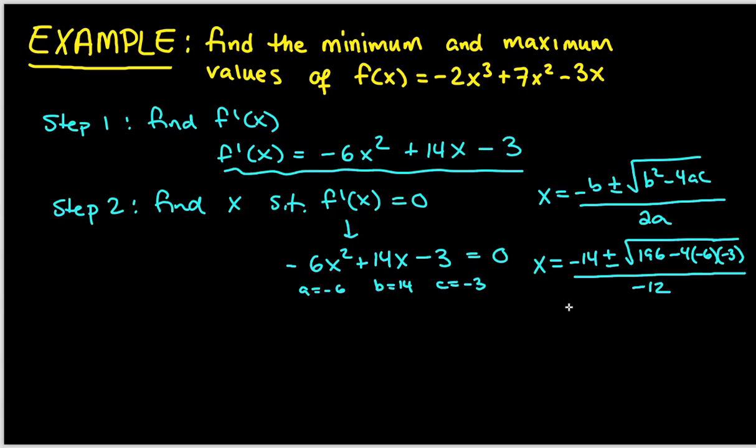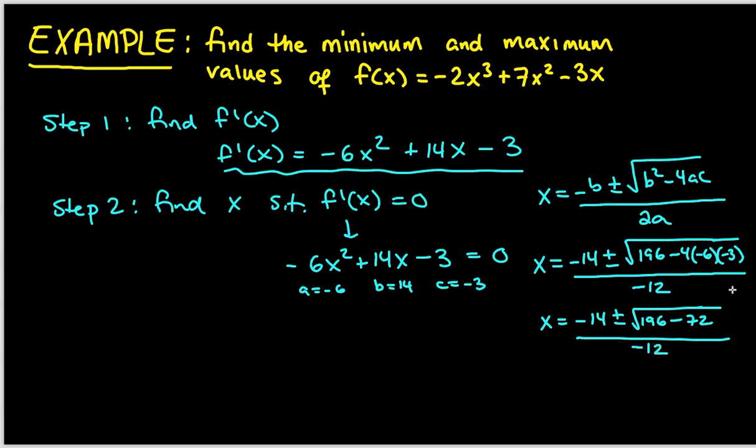Let's simplify that, and we get x equals negative 14 plus or minus the square root of 196, minus, since you have negative, negative, negative, 4 times 6 is 24, times 3 is 72, all over negative 12.